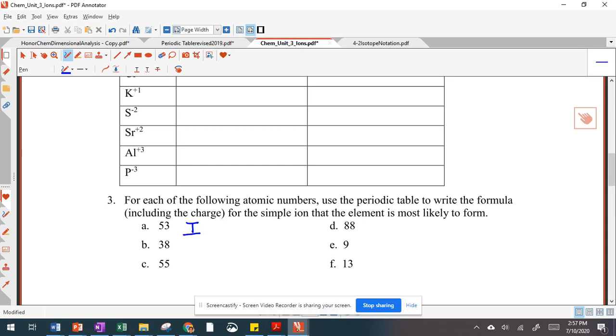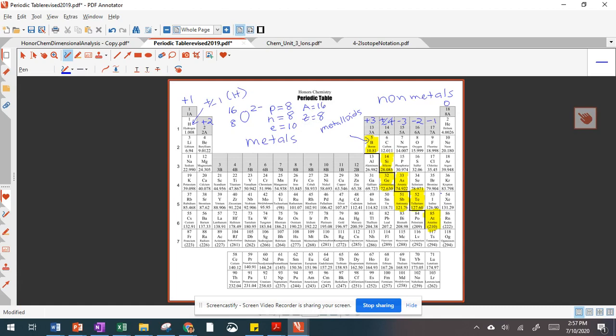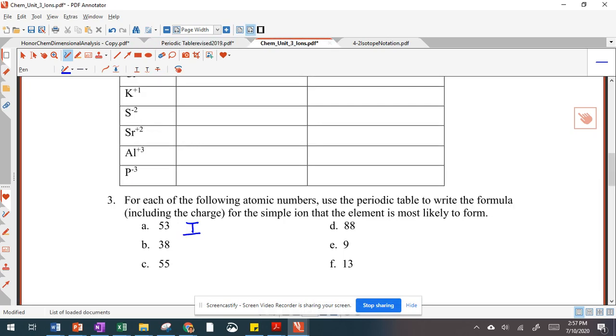Iodine is in group 17, so it has a -1 charge, so we're just going to write down -1. We're just writing the formula for the ion. Do the same for the others using your periodic table and knowing the common ions that are formed.